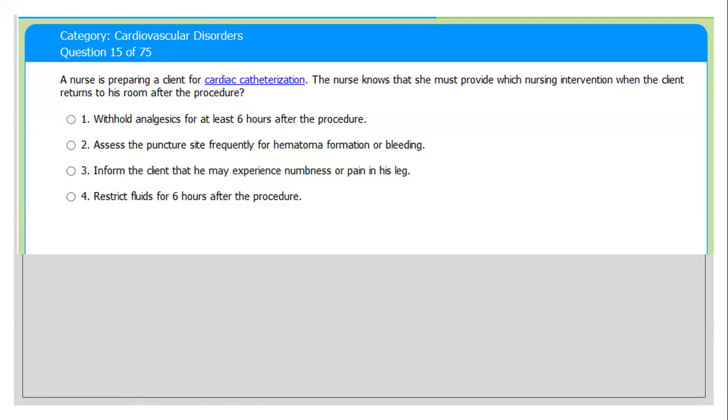Also, do not eat or drink anything at least 6 to 8 hours before the test, right? So again, I want to tell you, at least 6 to 8 hours before the procedure, do not drink or eat.